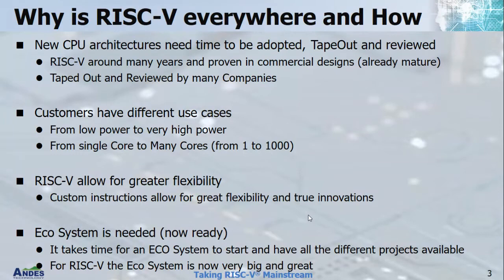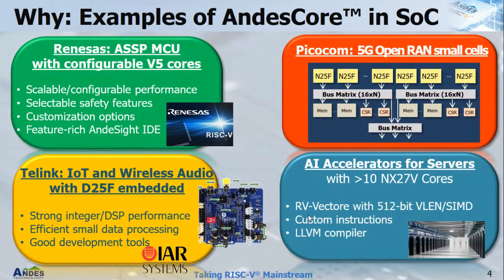Another reason why RISC-V is now becoming more popular is that more and more companies are adopting RISC-V. For example, here at Andes Technology, last year we signed a license agreement with Renesas. So Japanese Renesas has licensed Andes RISC-V.